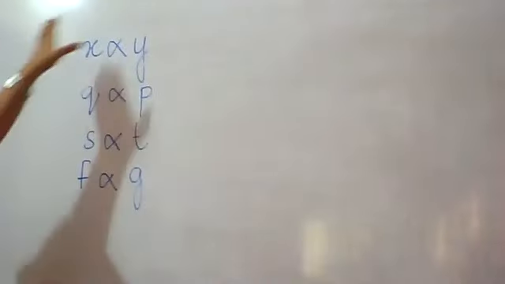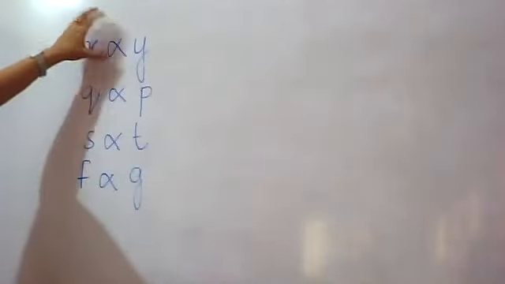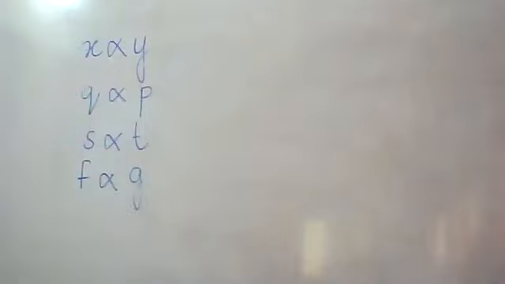Yes, beta. Now, class, can we solve this with the sign of proportionality? No, miss. What we have to change it into? Miss, f upon g equals to c. When we put the equals to sign here, suppose you only have one thing, x is directly proportional to y.